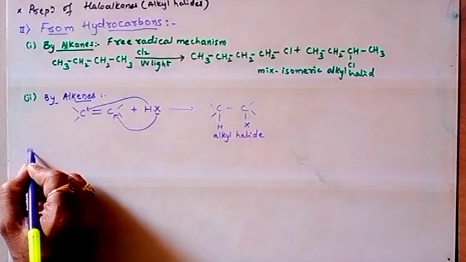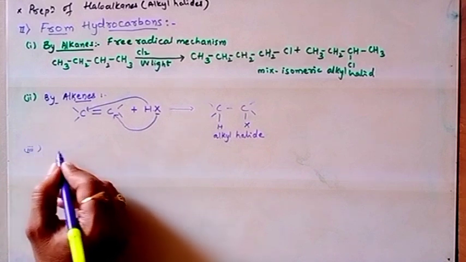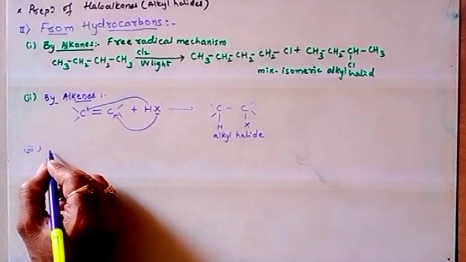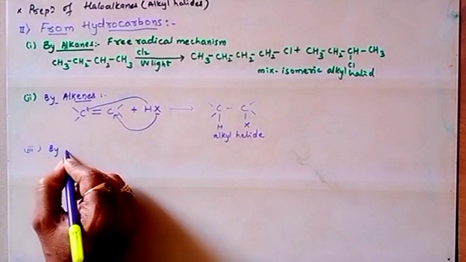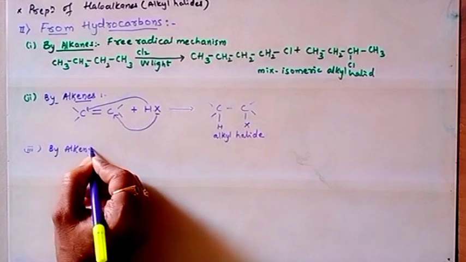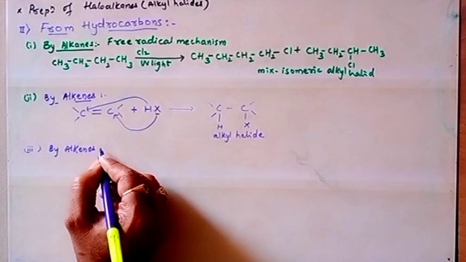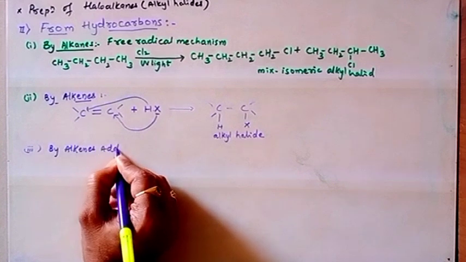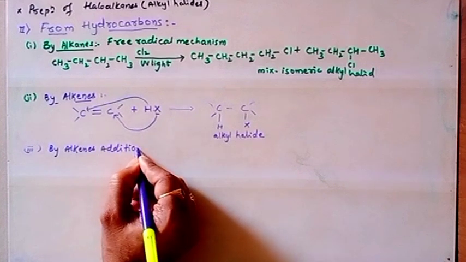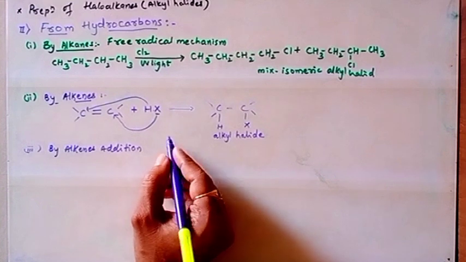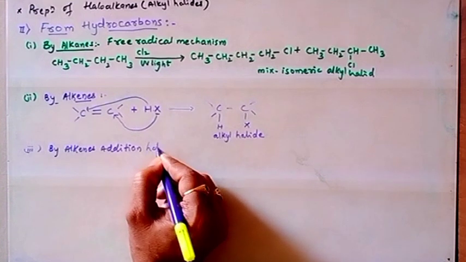Okay, next, the third method is again by alkenes, by addition of halogens.